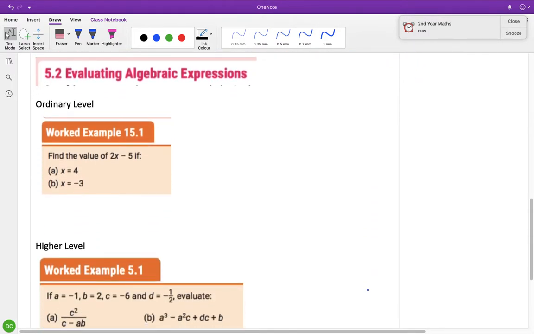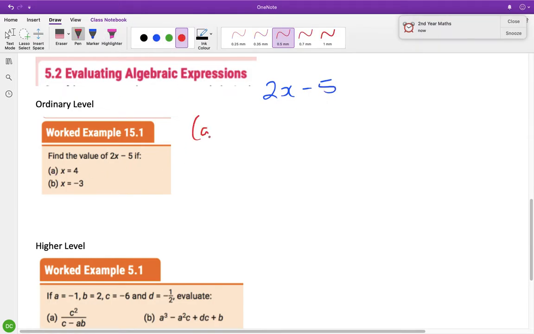So we'll have a look at evaluating algebraic expressions, a brief look at the ordinary level. This you would have done last year, and then we'll have a look at what happens when you go to higher level. So 2x minus 5 when x is 4.